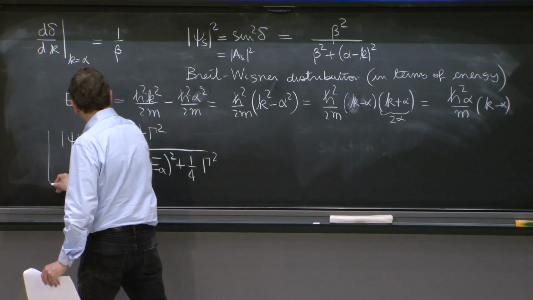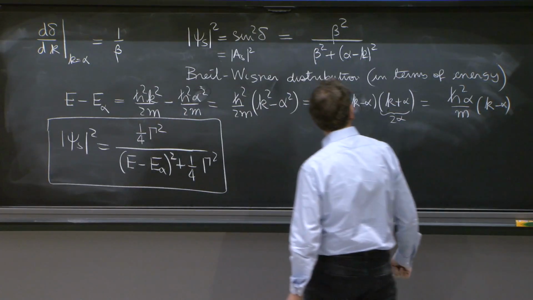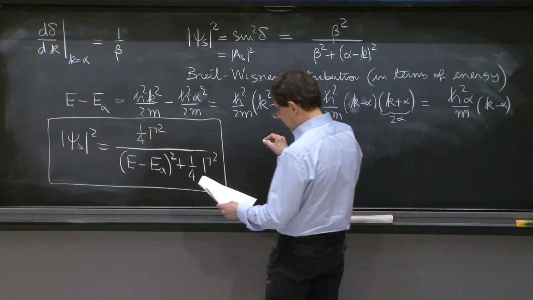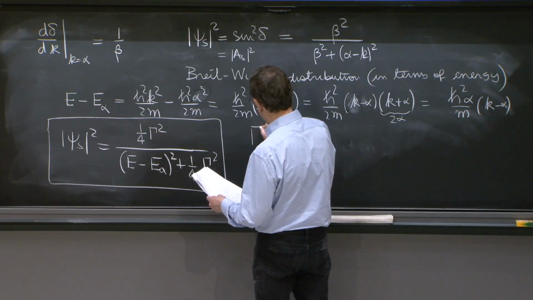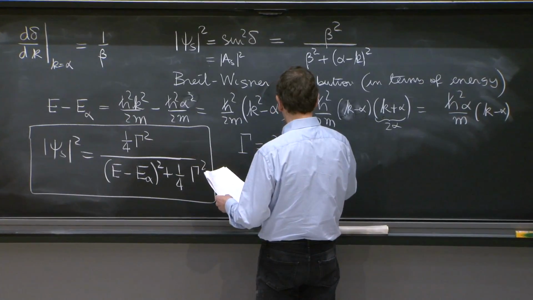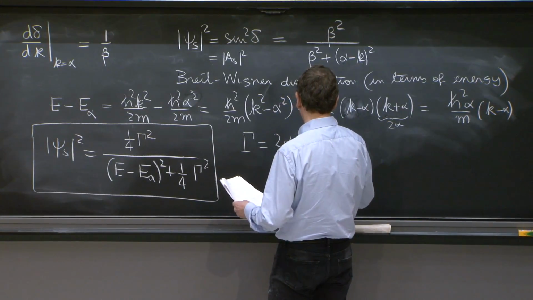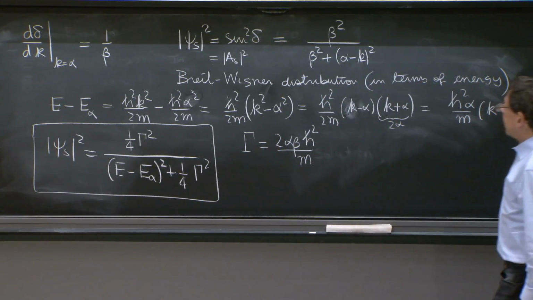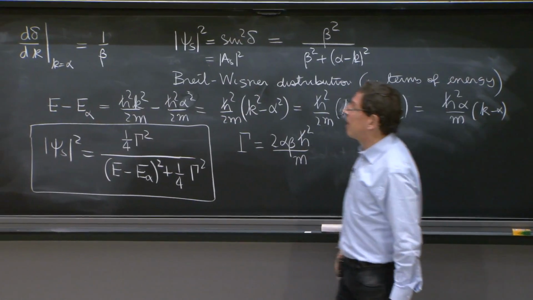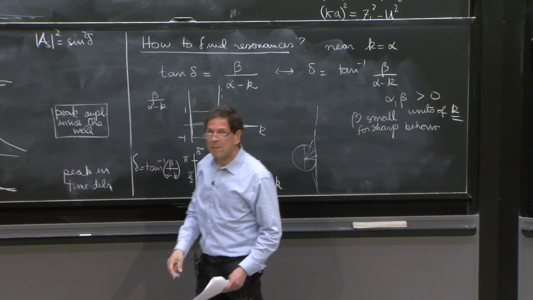And that's the so-called Breit-Wigner distribution. And gamma is a funny constant here. We'll try to understand it better. It's 2 alpha beta h squared over m. It has to be something that depends on alpha and beta, because after all, we were modeling the resonance with alpha and beta.